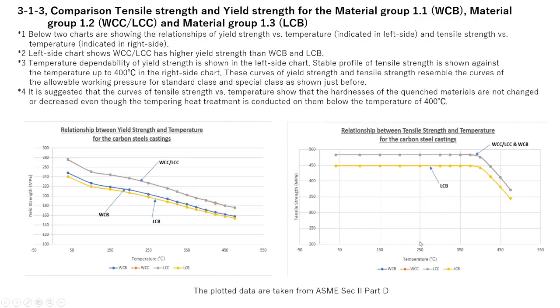So if heating up to 350 as a low temperature tempering, the hardness does not change. But the yield strength curve is changing at 350, so the yield strength level is decreasing.